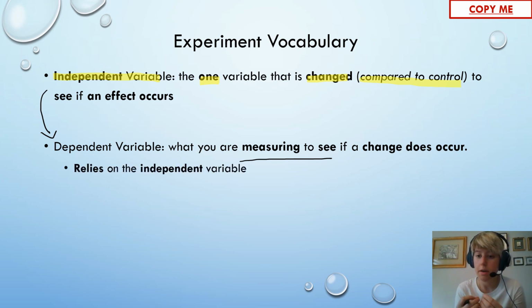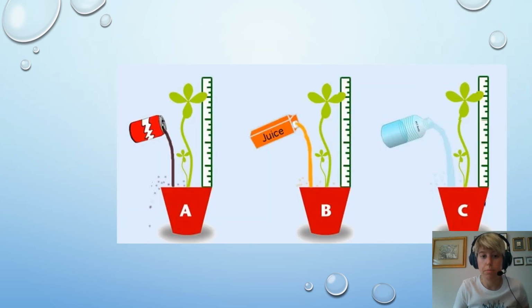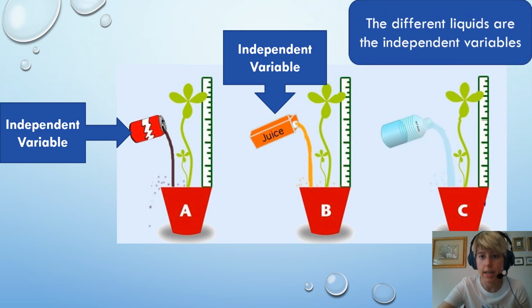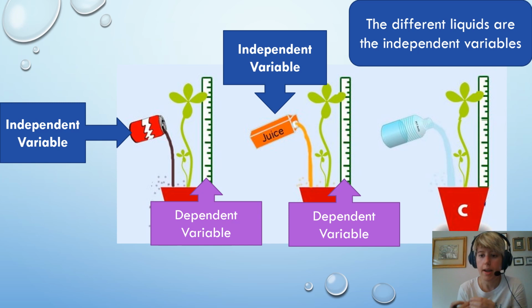Your dependent variable, as the term sounds, always relies on the independent. So if we're going back to our plant, our independent variable is the liquid. The type of liquid that I'm giving the plant is the independent variable. What I am measuring to see if it has an effect on the plant is my dependent variable, and in this case, I am measuring plant height.